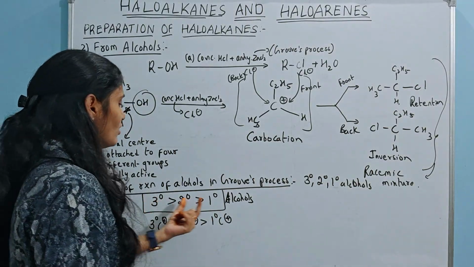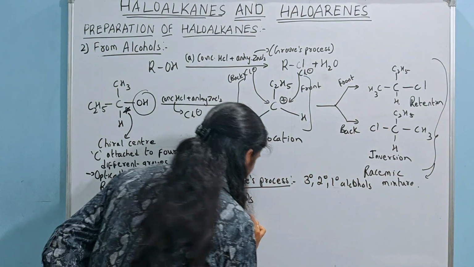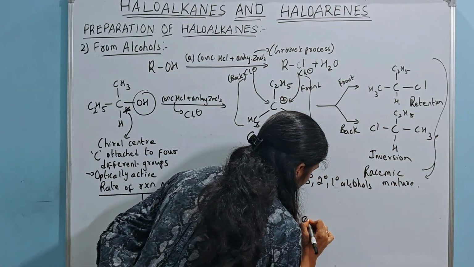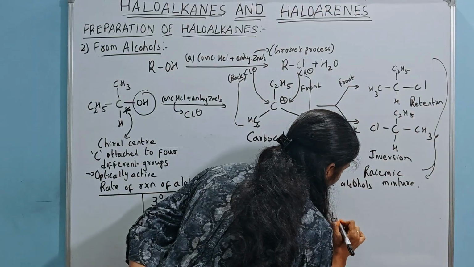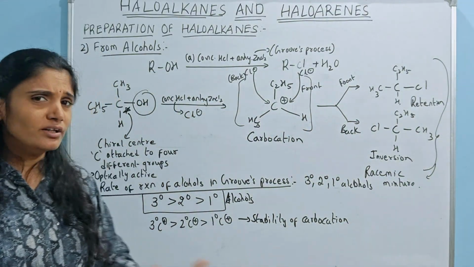So what is the reason for this reactivity order of alcohols? It is based on the stability of carbocation. What decides the rate of reaction here? Stability of carbocation, which is the intermediate, will decide the rate of the reaction here.